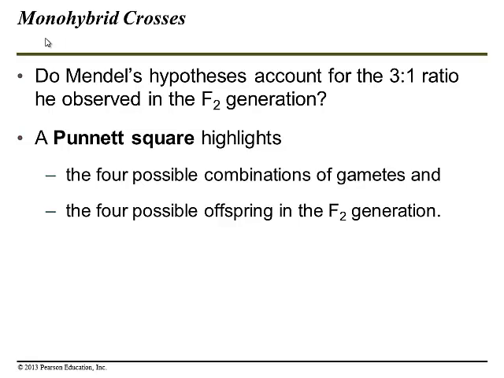All right, do Mendel's hypotheses account for the 3-to-1 ratio he observed in the F2 generation? Remember the purple plants? Do those things account for that? Remember, the offspring are going to have two copies. If you want to have a peek back, it's on page 149 in your textbook, Figure 9.6.